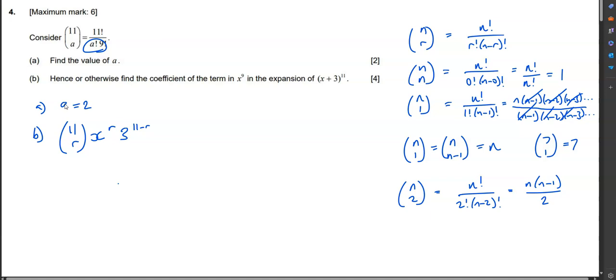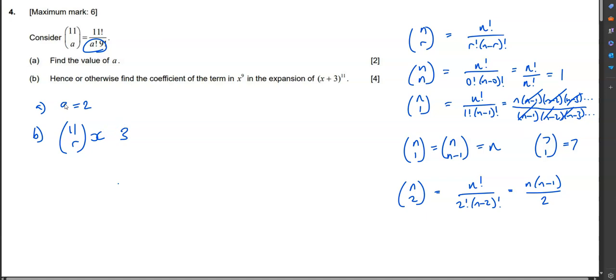and then we have the second term to 11 minus that. Now, I think in the data booklet, for some reason, it does these the other way around, but it makes no difference, and I just prefer it this way.